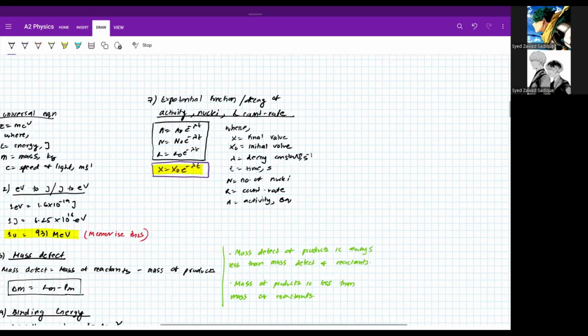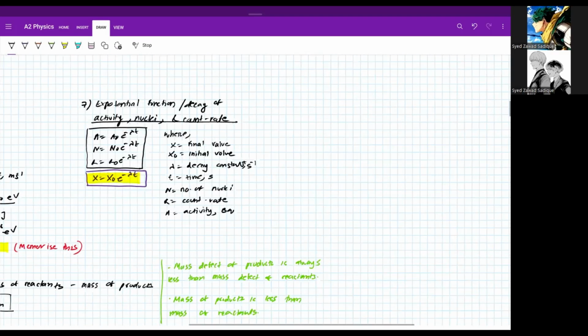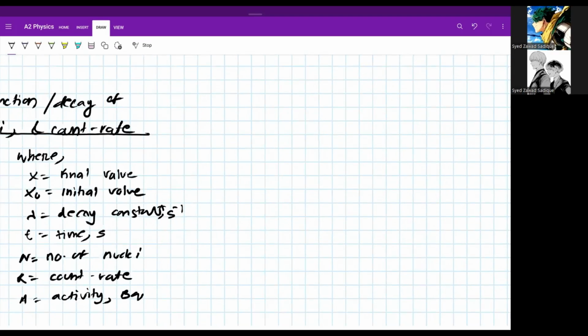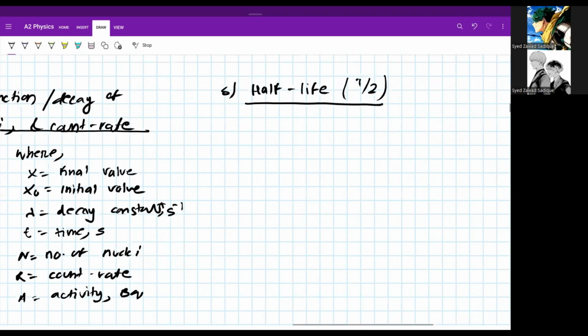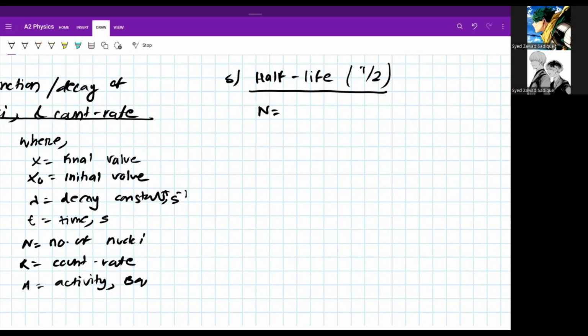One more concept is left, that is half-life. So we know that from concept number 7 we learned N is equals to N naught e to the power minus lambda t.